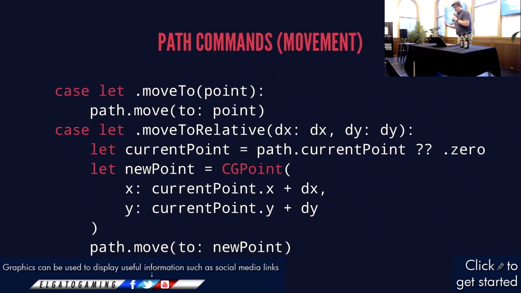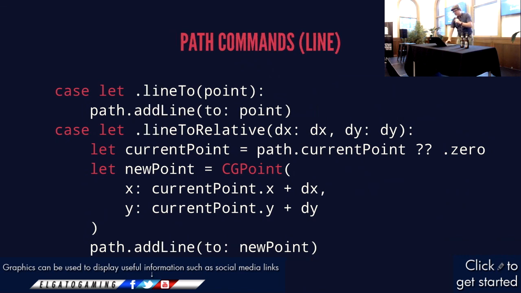If we're wanting to do something like move, what we are doing is we're just going, hey, get the coordinates, make a point, and then move to that point. Again, with the line, we have the absolute and the relative versions of it. And we are saying, hey, you're drawing a line and stuff like that.